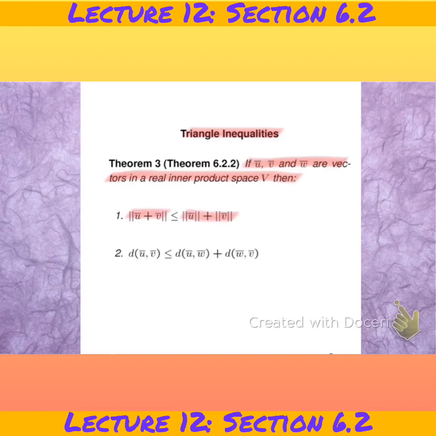The distance according to your inner product also satisfies the distance inequality: the distance between u and v is at most the distance between u and w plus the distance between w and v.